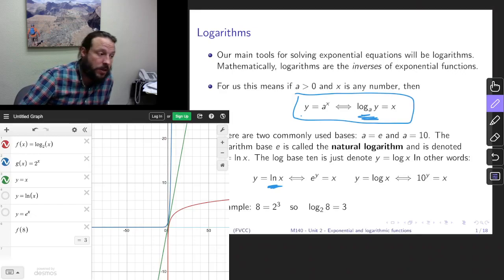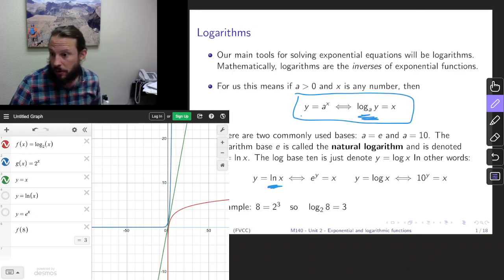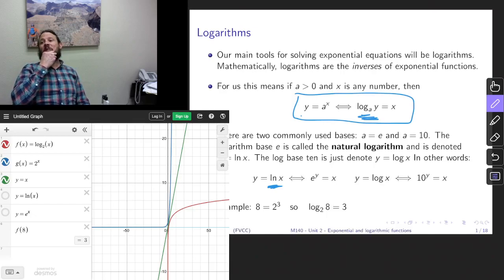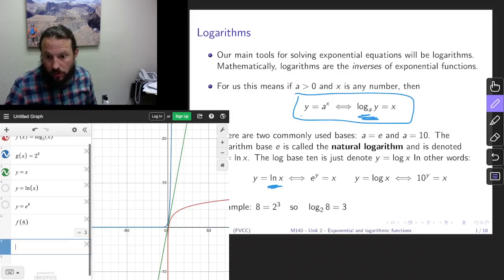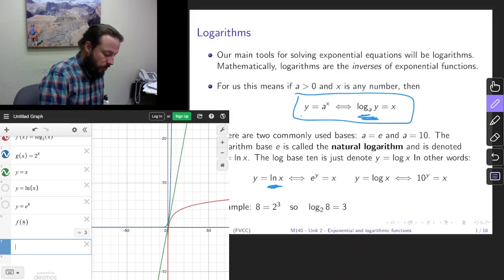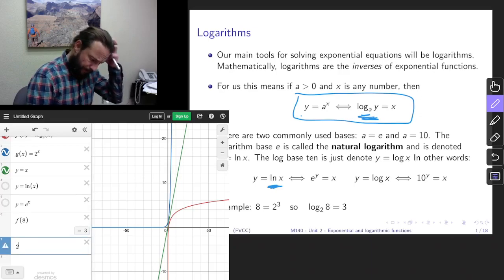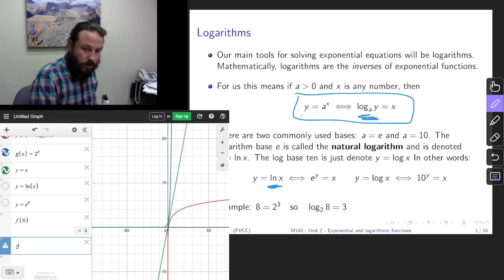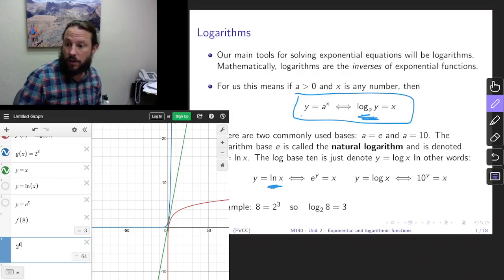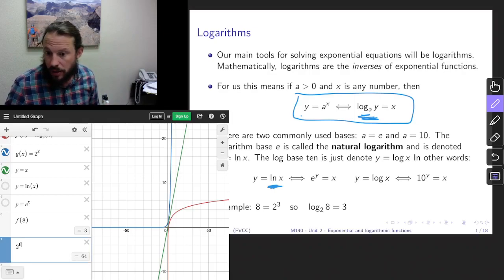Okay, 50 is somewhere around what? 2 to the, let me think about this. 2 to the 6 is 64, so log base 2 of 50 should be a little bit less.